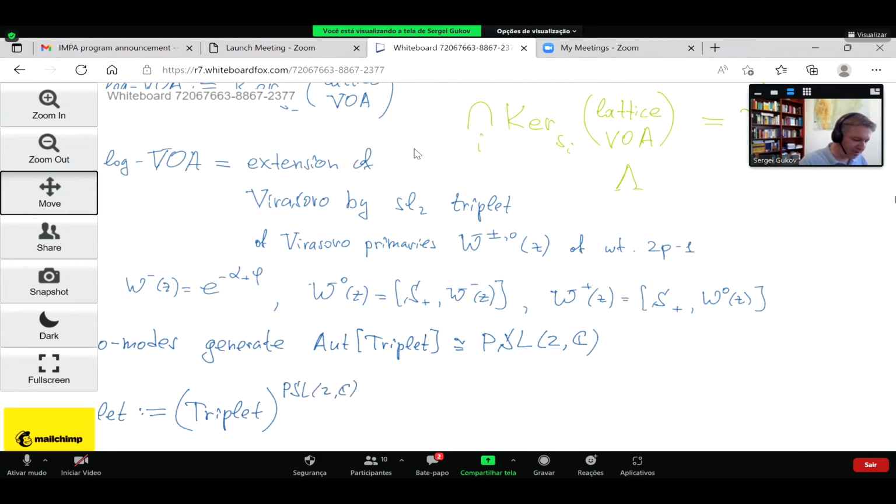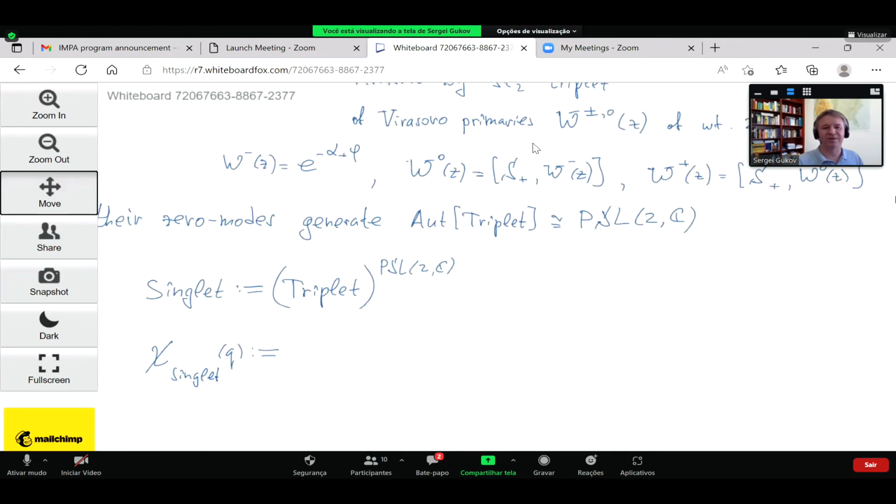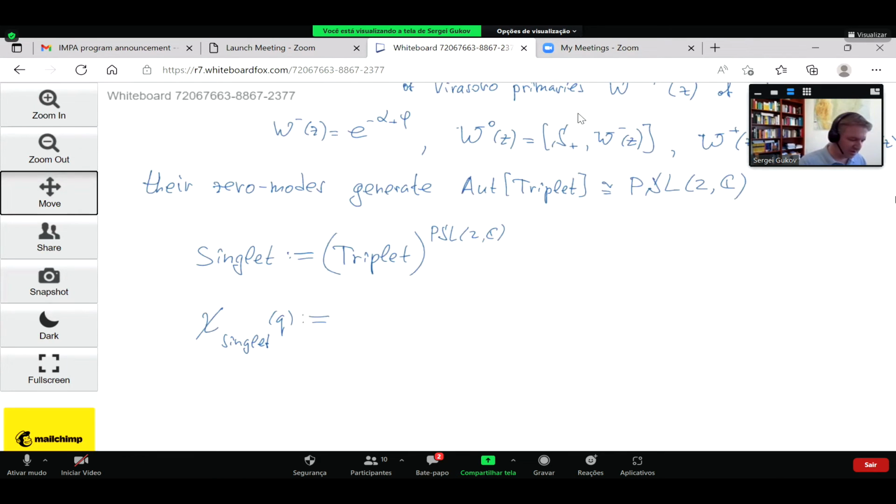In particular, at the level of characters, characters for the singlet, which are just functions of Q, and again, singlet can also be labeled by 1, P and associated with some root system, are constant terms of the type that we saw before of triplet characters.